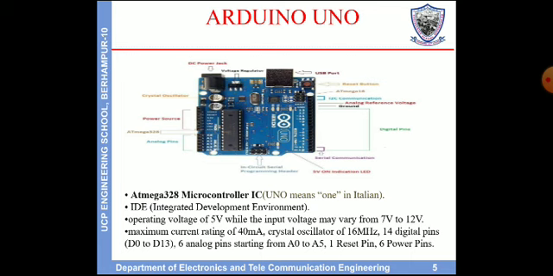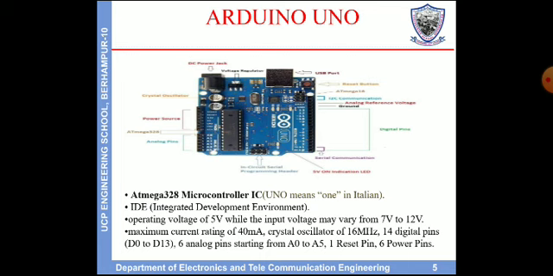It contains one main microcontroller IC, the ATmega328P, and another IC, the ATmega16U2, which acts as a bridge between the USB port where we upload the program and the main microcontroller IC.